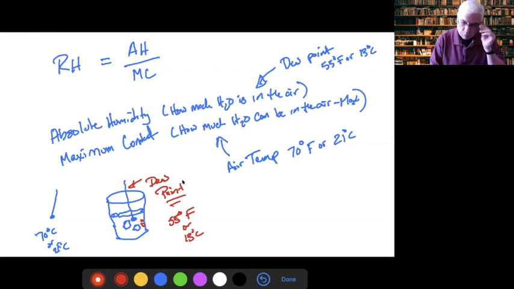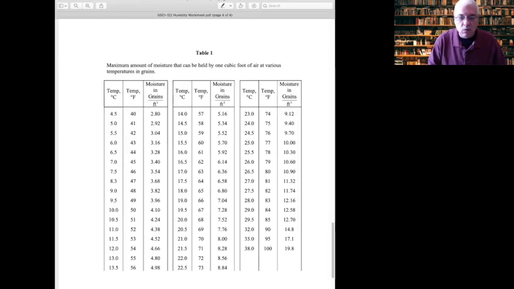Okay, so I have two temperatures. Now, what you're going to do is you're going to need to go to the lab and look at the chart, and we're going to find two values. Okay, the value for 13 is 4.8, and that is measured in what's called grains per cubic foot.